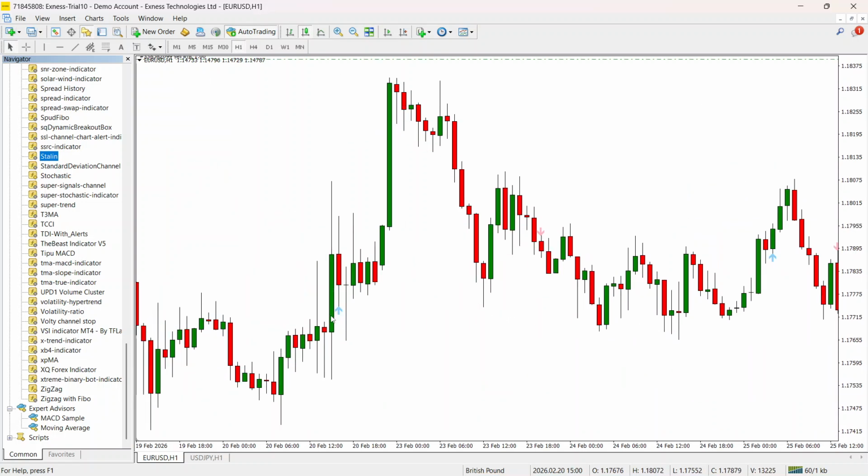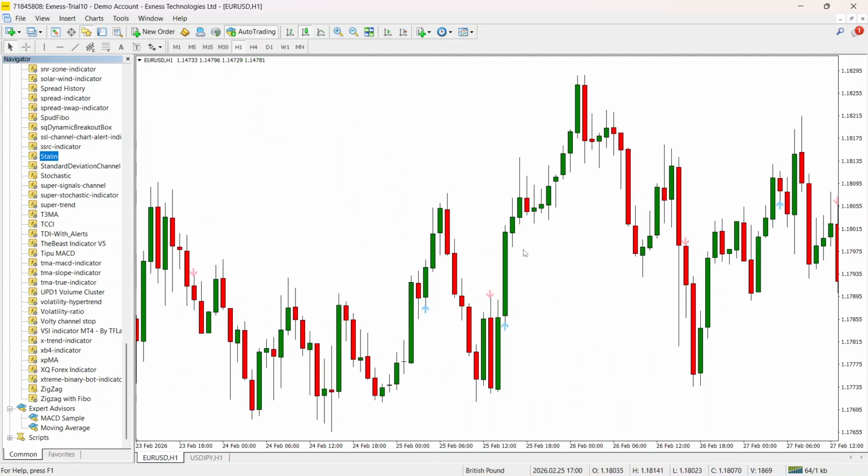It implies that upward momentum and trend control are in favor of buyers, and when it shifts to a bearish state, it implies that sellers have taken control and downward movement or momentum dominates.